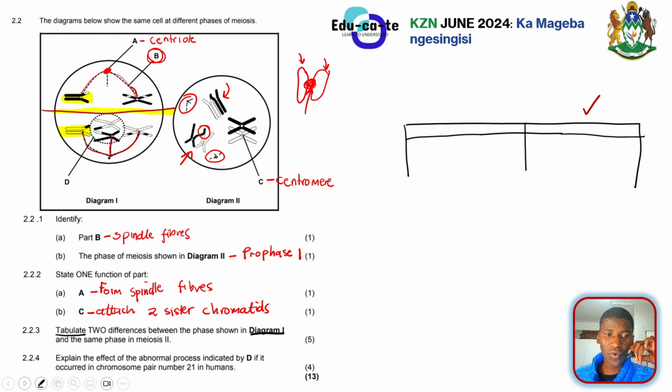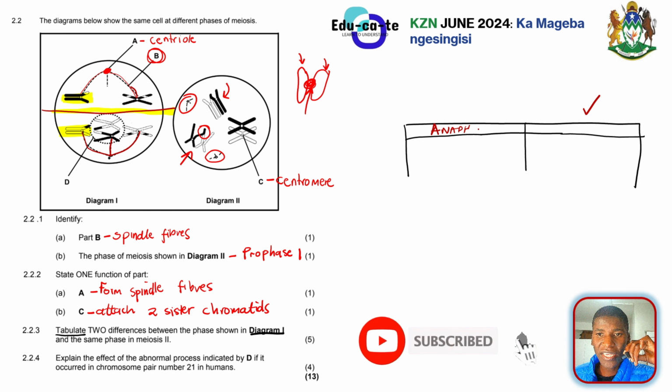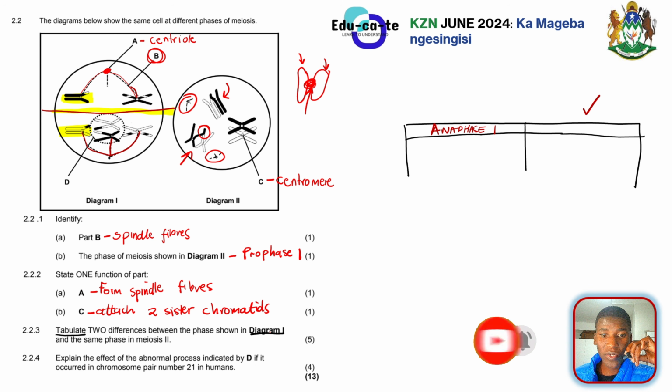So you already know that here we are looking for a difference between anaphase 1 and something. The first thing that we have here is anaphase 1. That's what we are comparing. Compared to what? They say between the phase shown in diagram 1, which is anaphase 1, and the same phase in meiosis 2. Remember, we've got 2 meiotic divisions.